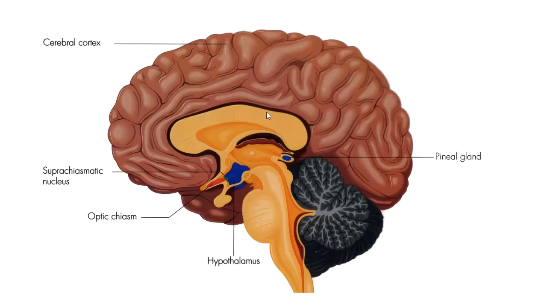So that's in the hypothalamus. So the hypothalamus is also related to sleep. And I know we talked about it in the last video on the endocrine system. And so I just wanted to show you, this is the pineal gland right here, the gland that secretes melatonin, that helps you sleep and helps you establish your sleep schedule, right?